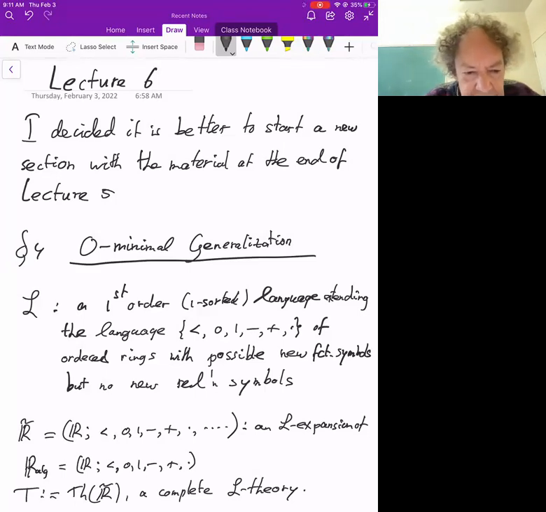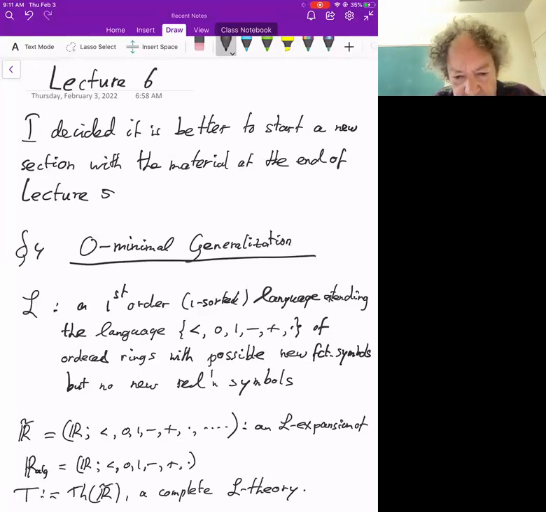Anyway, we are going to fix a first-order, one-sorted language, extending the language of ordered rings. But we do want that there are no new relation symbols. There are possibly new function symbols, but no new relation symbols, right?